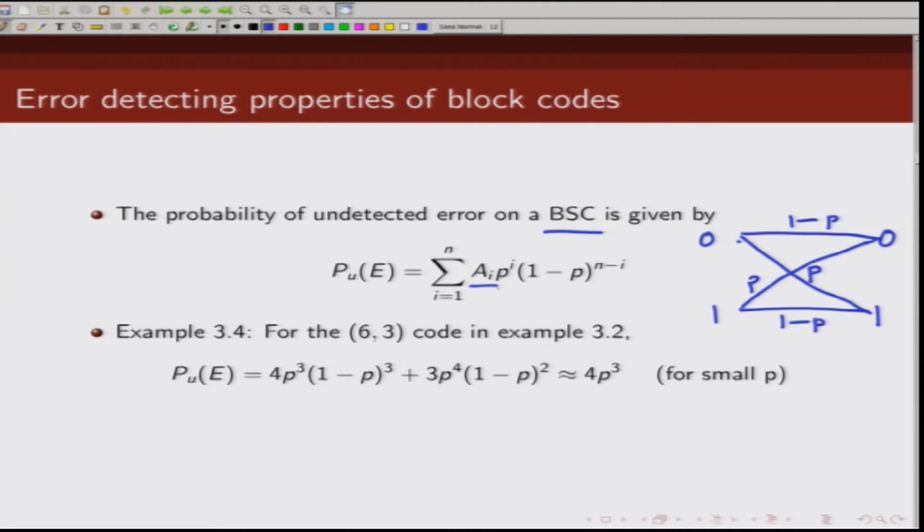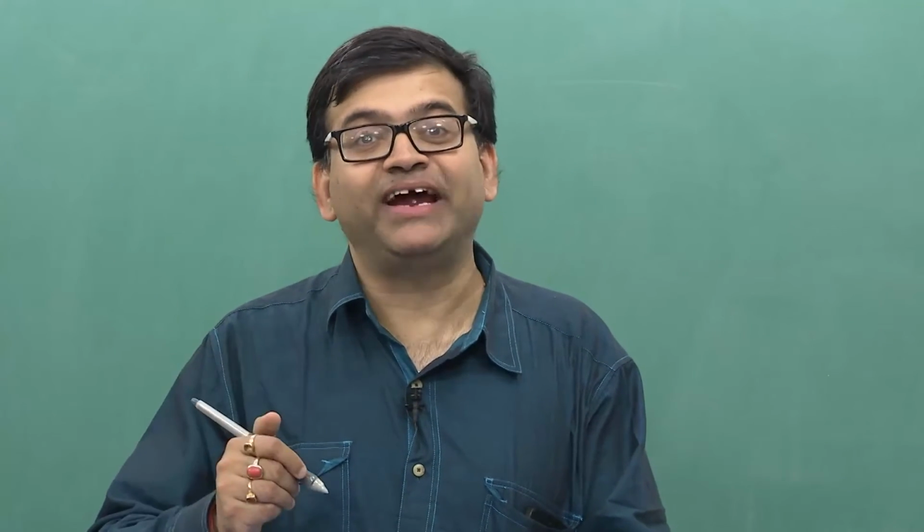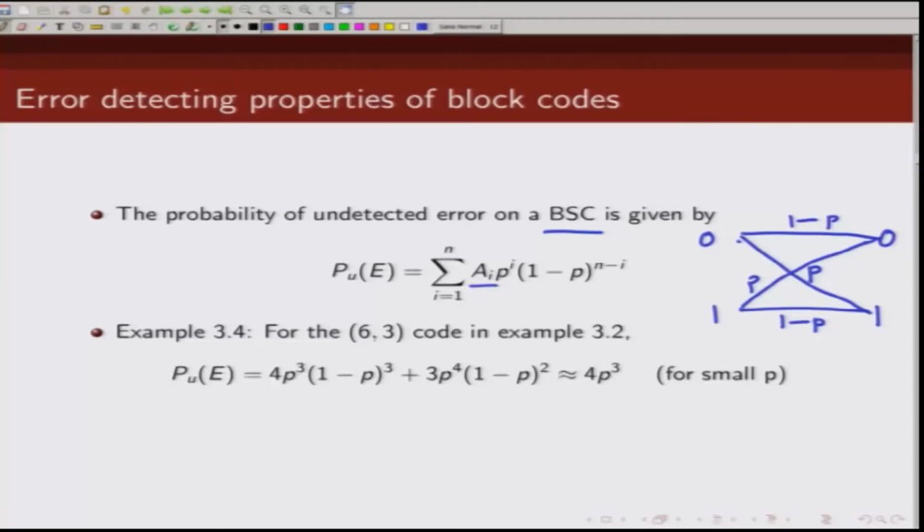So, that probability is given by p raised to power i into 1 minus p raised to power n minus i, and how many such code words exist? That number is given by A i. So, the probability of getting a weight i code word at the receiver when you send an all 0 code word is basically given by this.